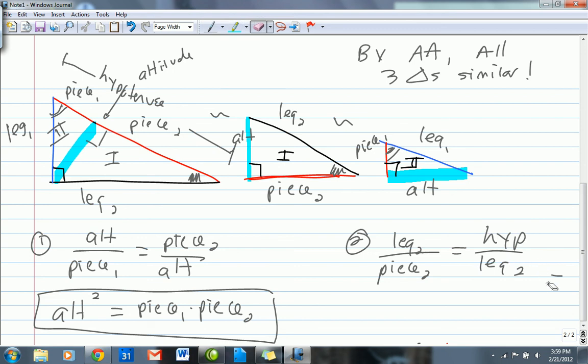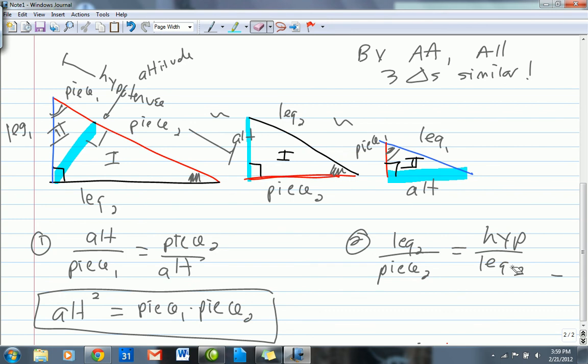Okay, so again, to reiterate, because these two triangles are similar by angle, kind of ignore this altitude for now, then bottom to bottom, leg 2 to piece 2, has to equal red hypotenuse to black leg 2.